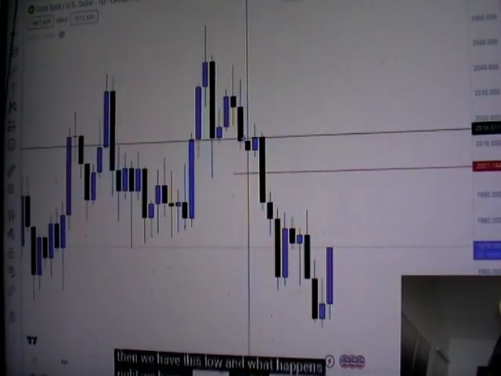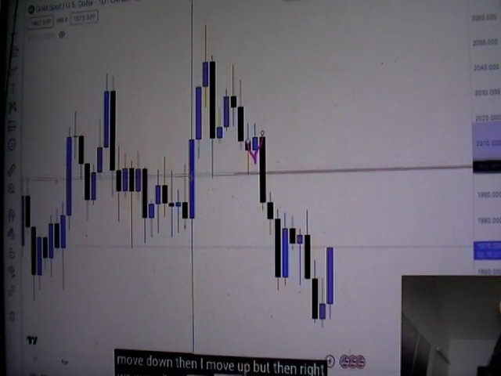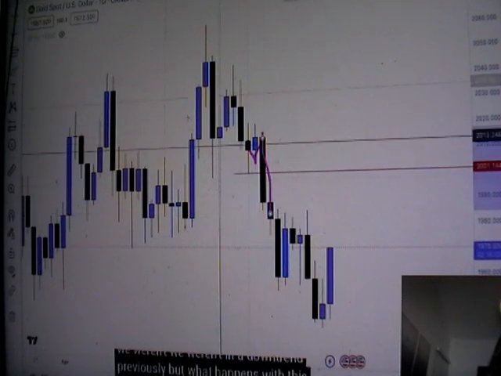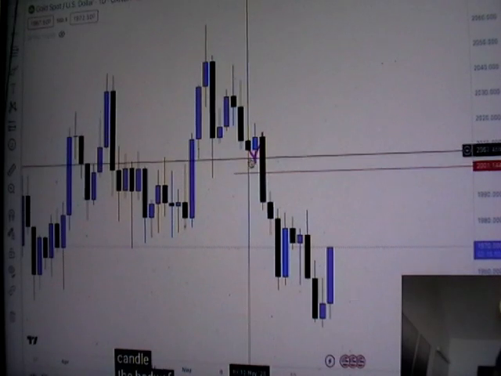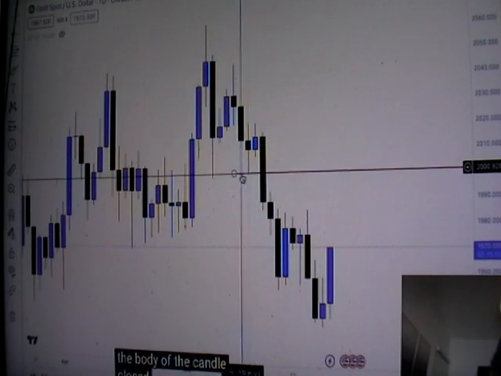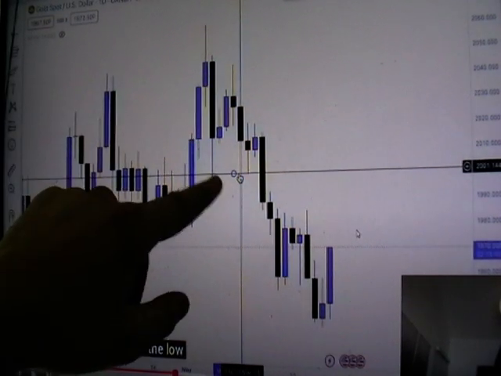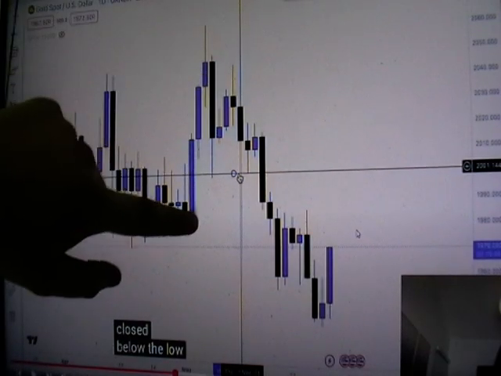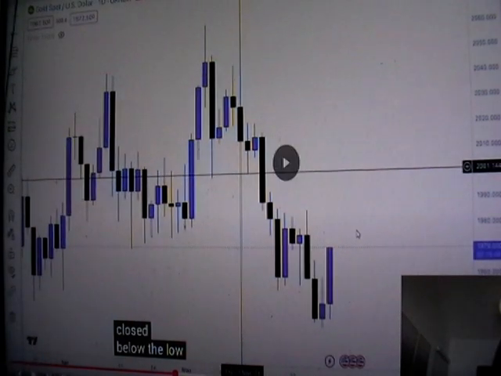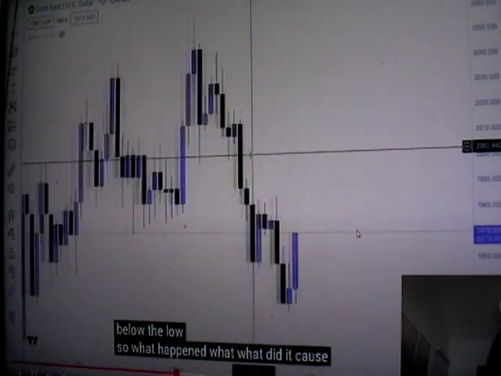We have a move down, then a move up, but we weren't in a downtrend previously. What happens with this candle? The body of the candle closed below the low. So what happened? What did it cause it to do?